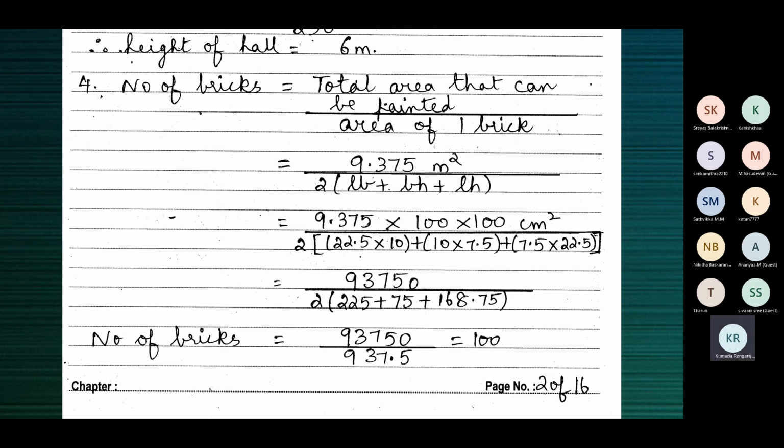9.375 by 937.5. Without working, how did you get the denominator as 937.5? You have not substituted the values of LB, BH, and LH.